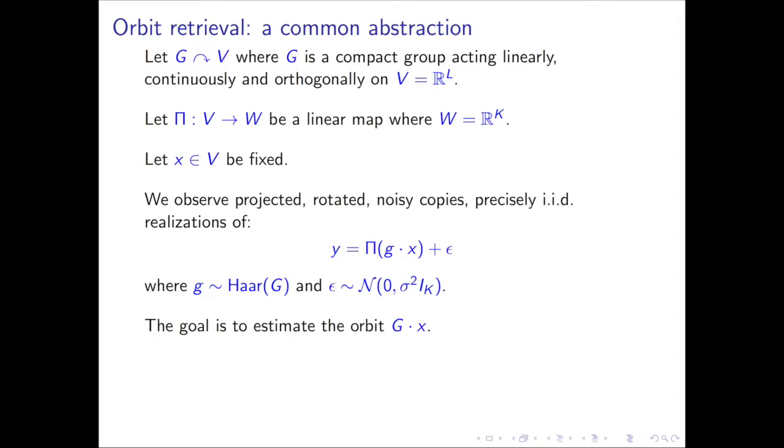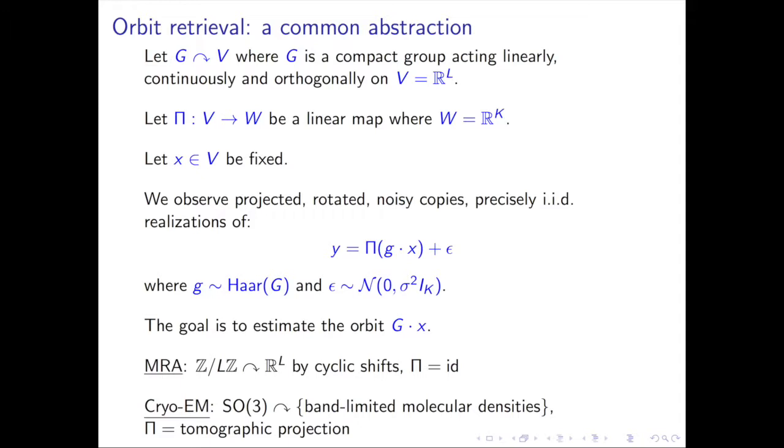I would accept any point in the orbit. There's the Euclidean norm on V, and that induces a metric on orbits because it's a compact group here. So I want to get a representative signal such that its orbit is close in that induced metric to the ground truth orbit.